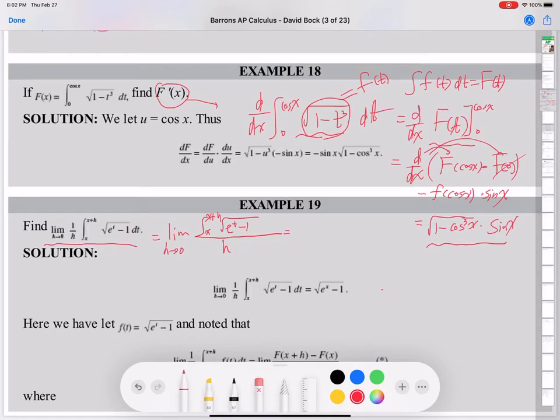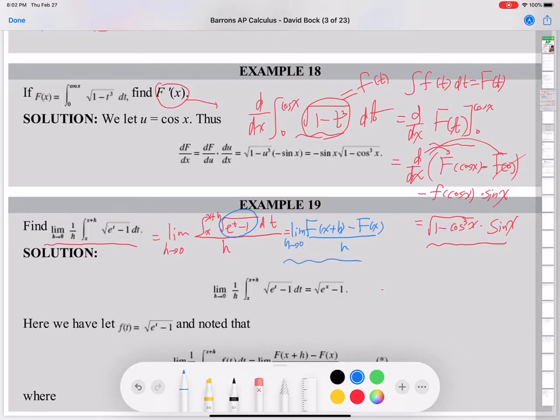If this part is small f of t, the integral of small f of t is capital F of t, and then plug in the upper limit minus plug in the lower limit. So capital F of x plus h minus capital F of x over h, and the limit as h approaches 0.